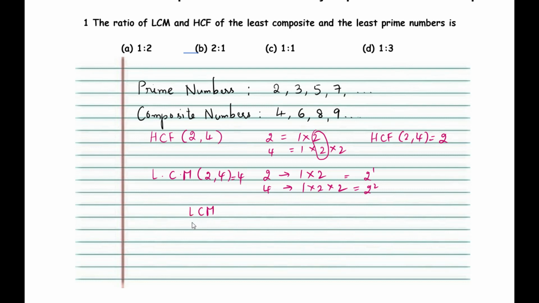We need to find the ratio of the LCM of 2, 4 divided by the HCF of 2, 4. The LCM of 2, 4 is 4 and the HCF of 2, 4 is 2. So what we get is 2 divided by 1.